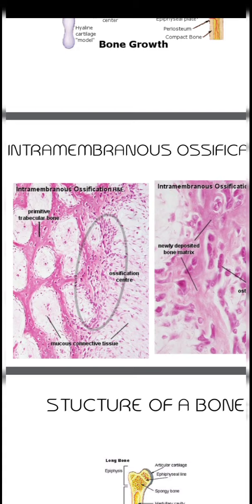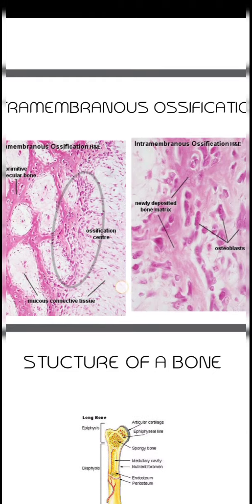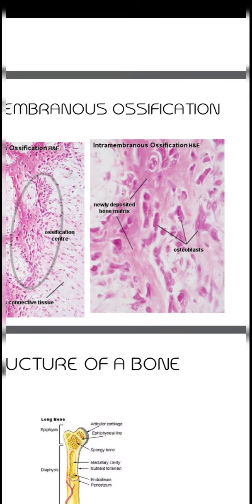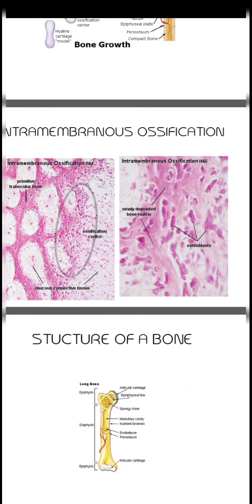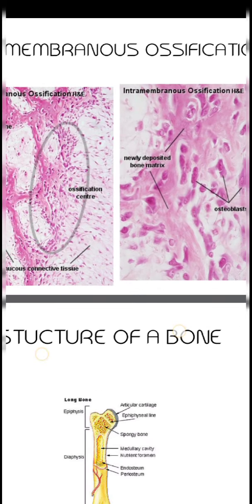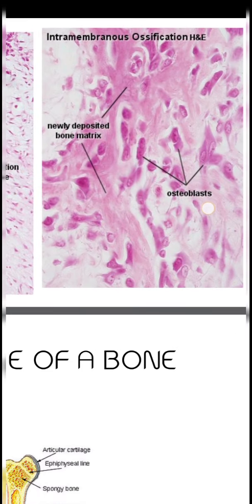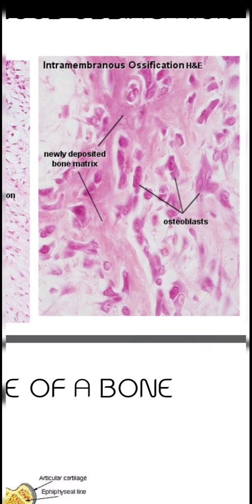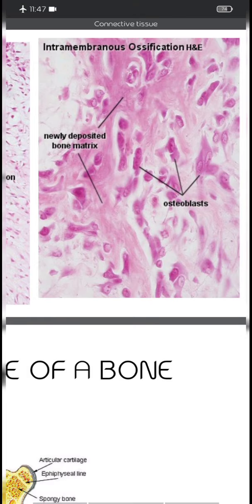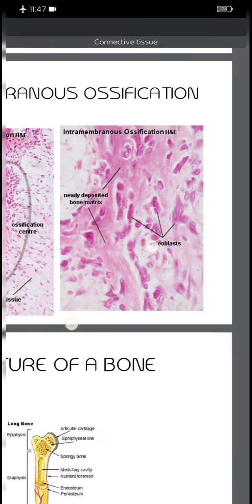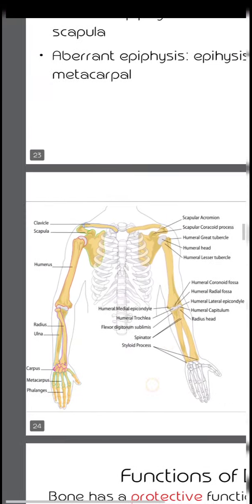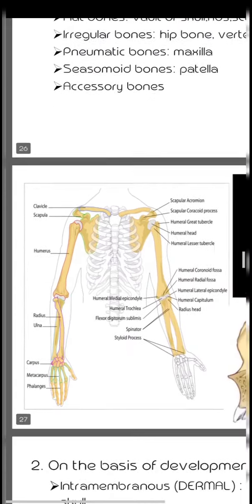Osteoblasts are bone forming cells. They start forming multiple ossification centers, and hence compact bones and flat bones are formed from these ossification centers. As you can see, these osteoblasts are transforming these mesenchymal cells into bony matrix and bone. There is no involvement of cartilage here during the formation of the bone.